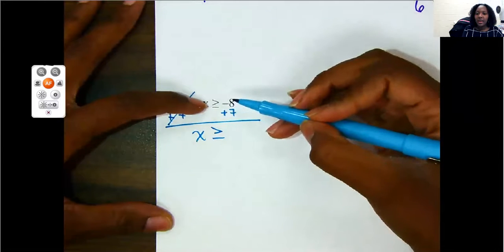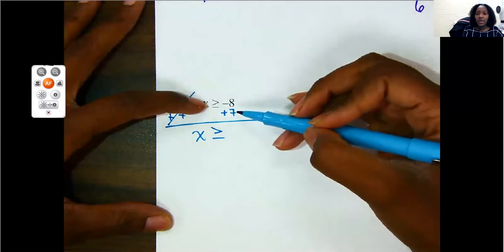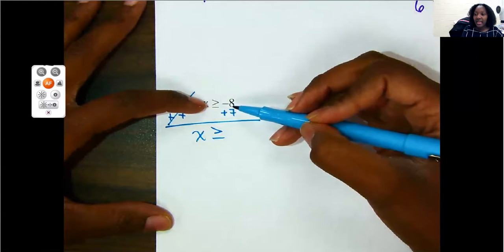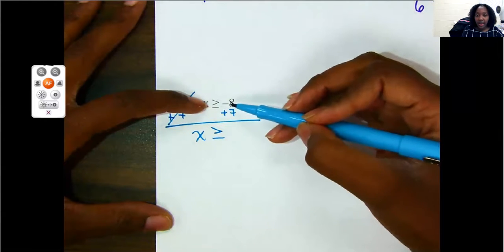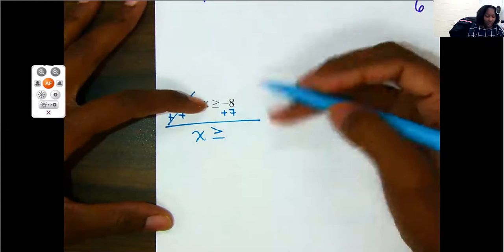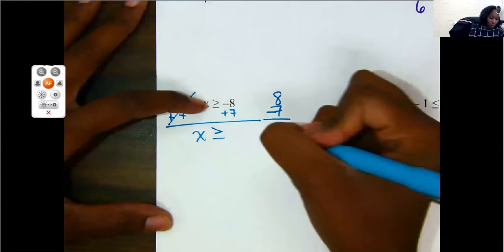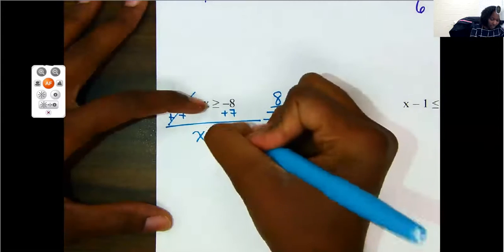Negative 8, positive 7. Remember with our integer rules, ladies and gentlemen, when I'm adding and subtracting with negative numbers and I have a positive number, when they have different signs, I subtract them and keep the sign of the bigger number. So they have different signs, so I'm going to subtract them. 8 minus 7 is 1. So I'm going to put the 1 right here.